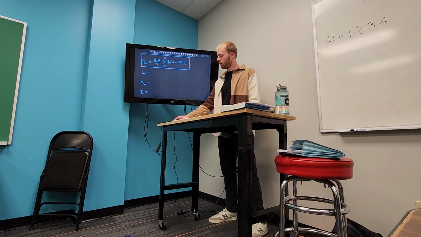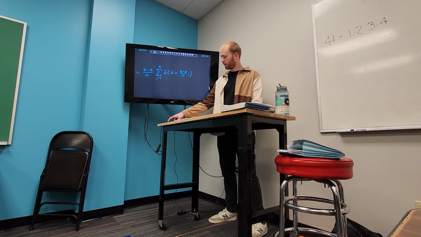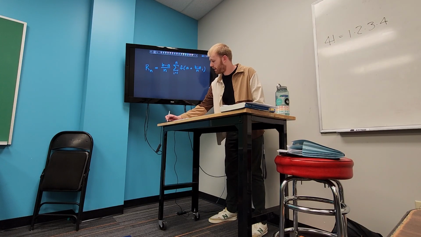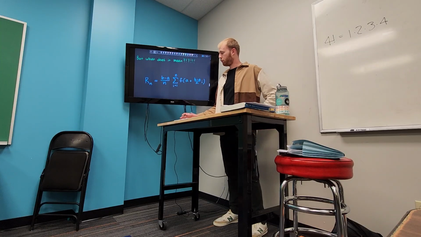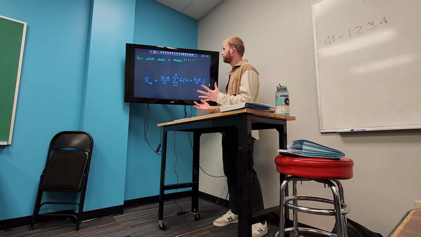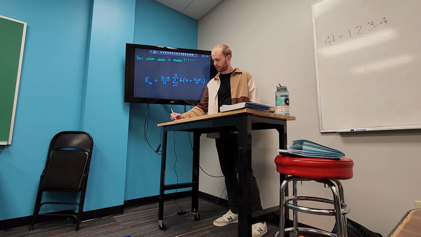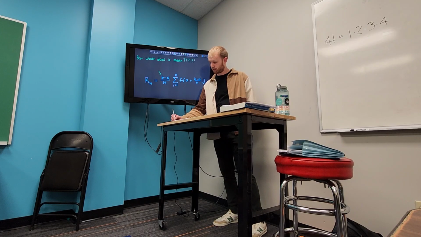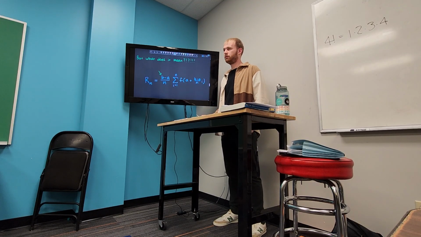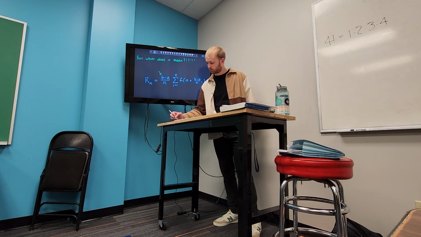Okay? So I wrote it down here again so that I could annotate it. So here, what does it mean? What does this represent? Base of your rectangle. Yes, there you go. That is the width of your rectangle.